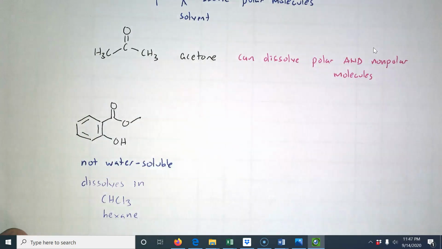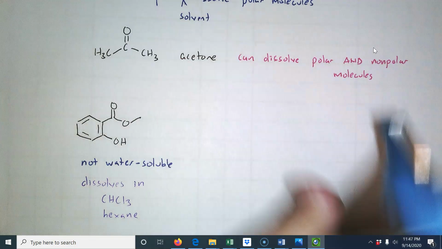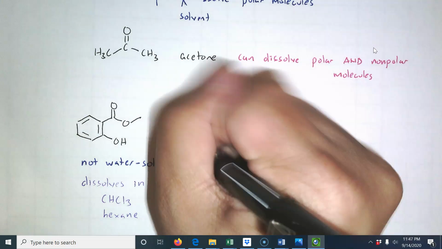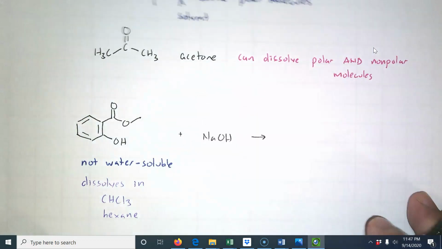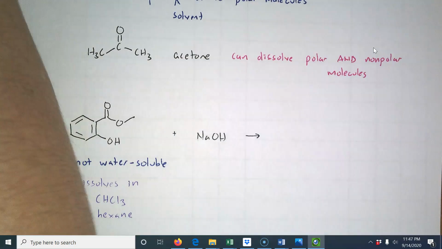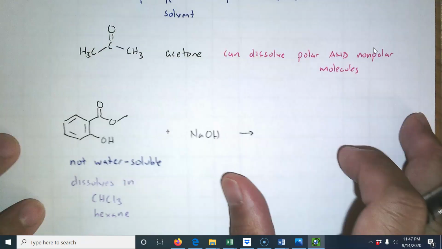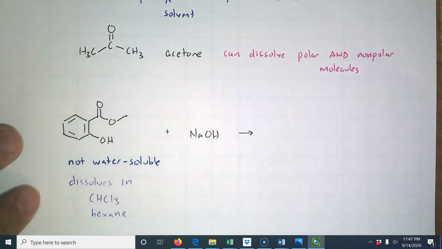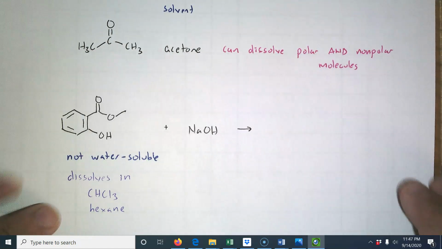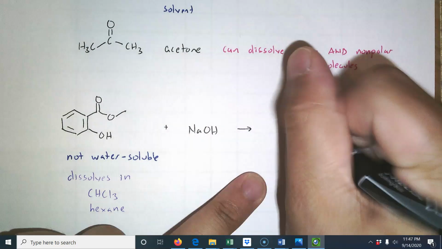But the thing is, if you add a strong base, let's add NaOH, what you could do, I know at this point you haven't gone through acids and bases in organic chemistry, but you have done a little bit of acid base in general chemistry. You get what's called a proton transfer.